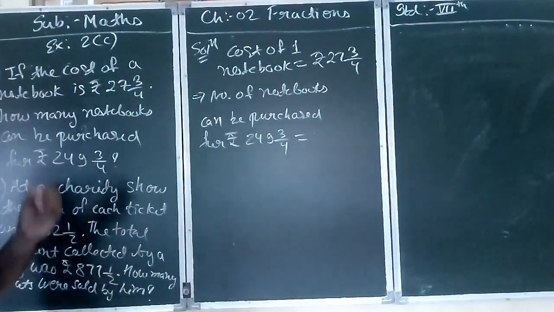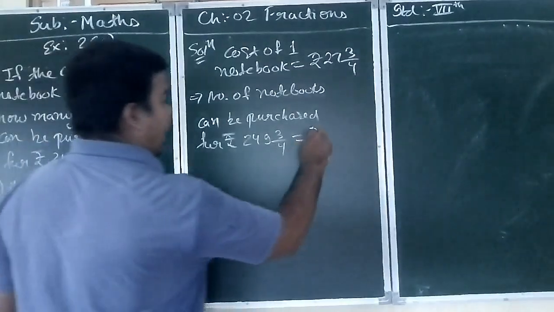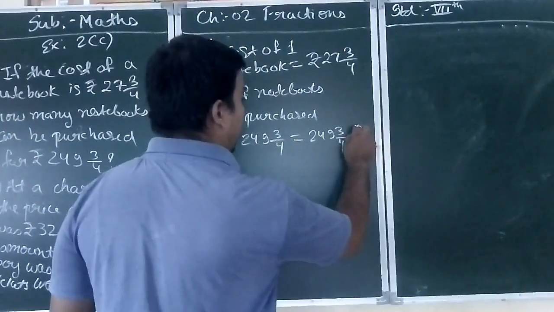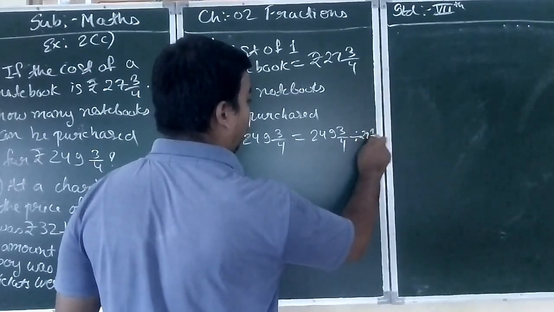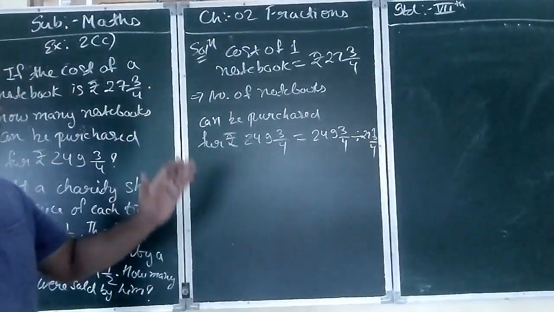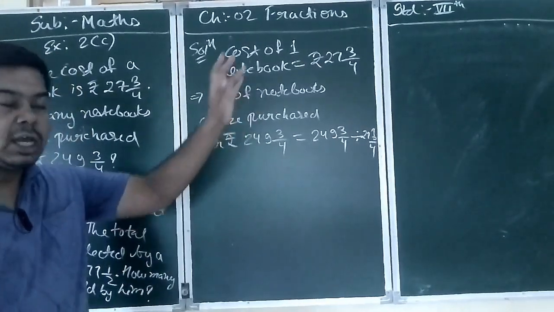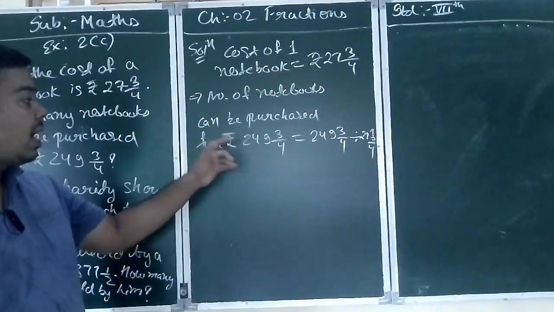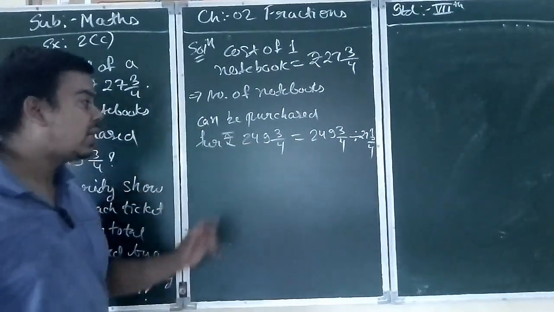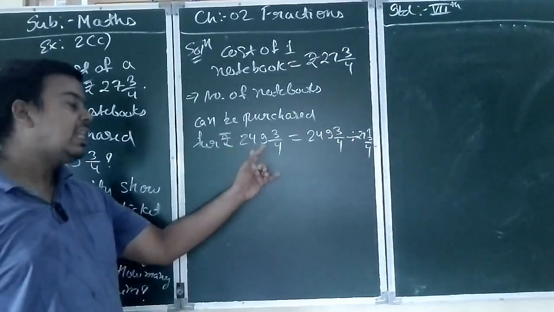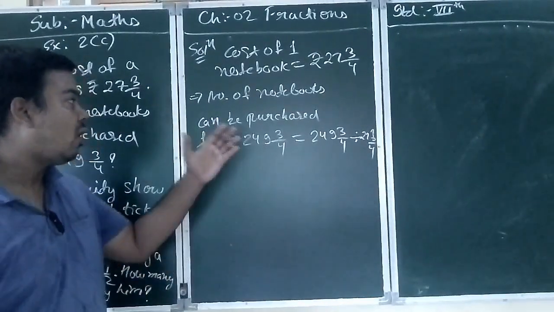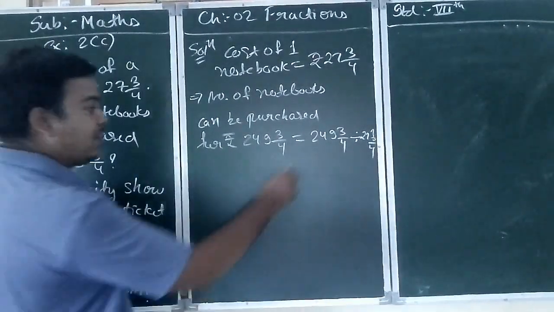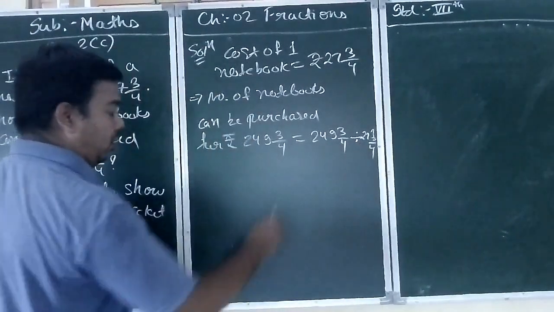So to find the number of notebooks, 249 3 by 4 divided by 27 3 by 4. If one notebook costs 27 3 by 4, we find out how many notebooks we can purchase with 249 3 by 4 rupees.